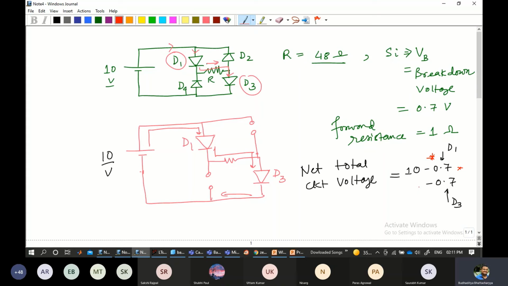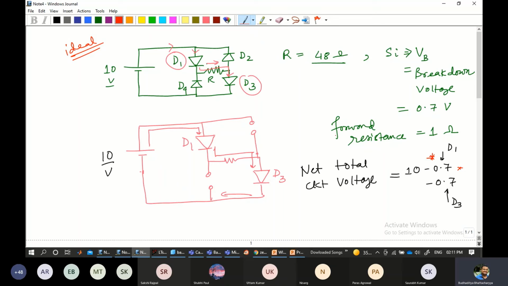So please make a note that whenever you calculate the entire voltage, you have to consider the breakdown voltage. Only if this question had mentioned to consider the diodes to be ideal in nature, we could have ignored the breakdown voltage, VF, or even the internal forward resistance.